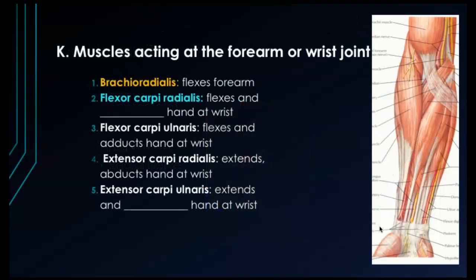Now let's move into some anterior muscles. So we are going to look at our anterior view of the forearm here, and this is going to be your Flexor Carpi Radialis. Flexor means that it flexes, right?